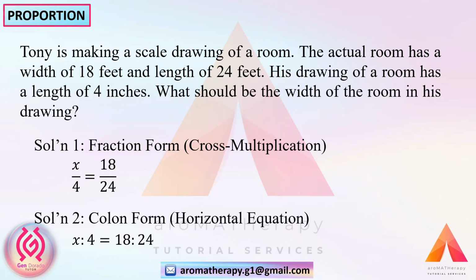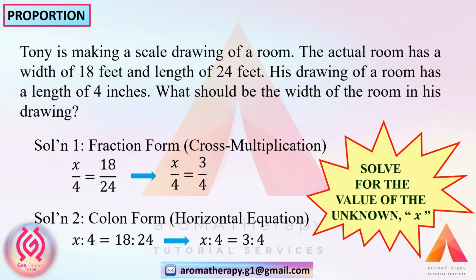Note that ratios can be expressed in fraction and in column form. Here we can also simplify 18 over 24 and we'll get 3/4. Same here, 3 is to 4. So all we need to do is to solve for the unknown value, the value of x.